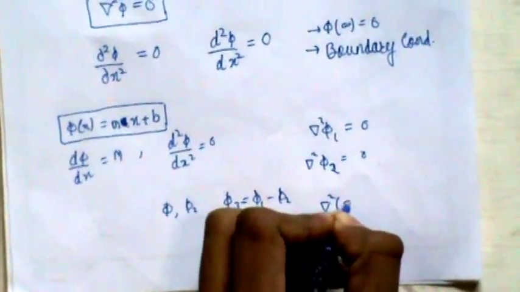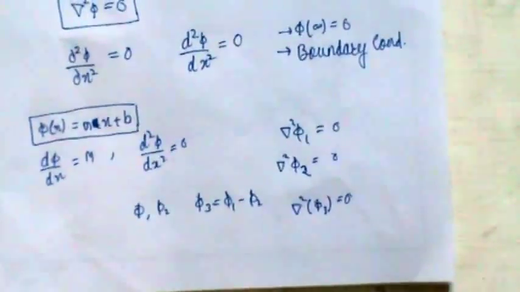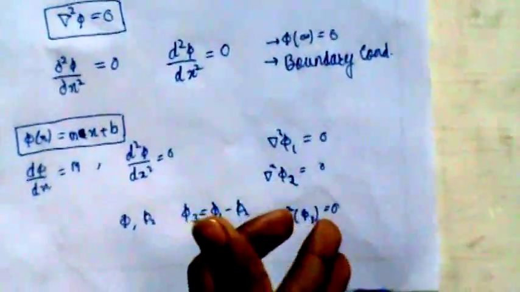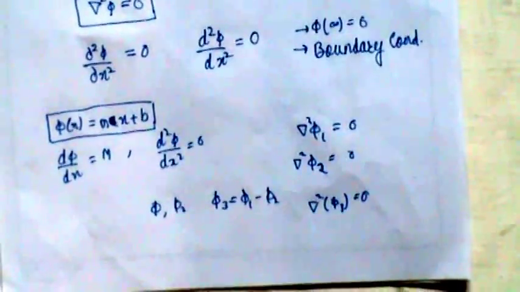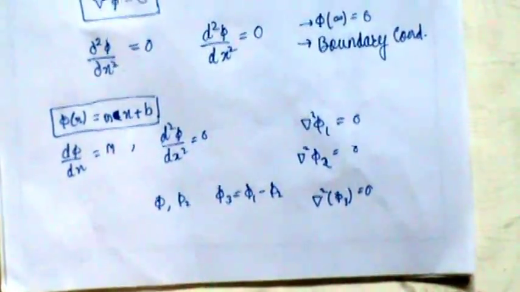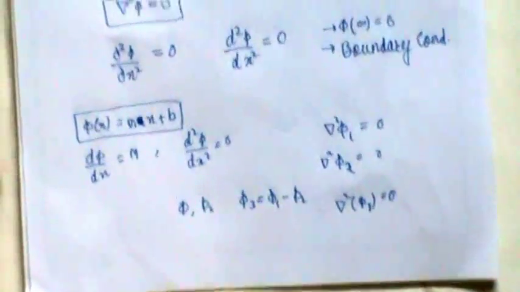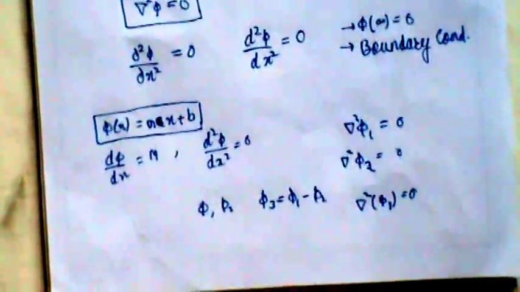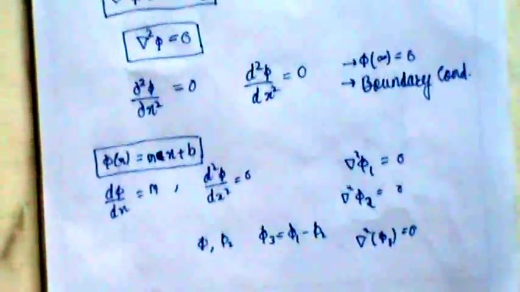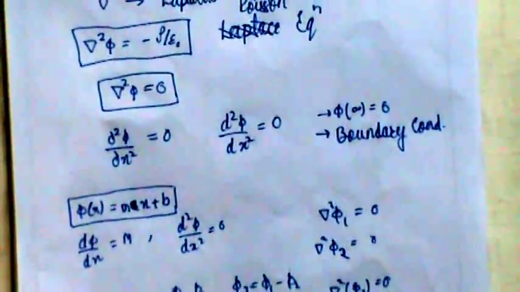It's easy enough to see that del square phi 3 will also be equal to 0. You just subtract the 2 equations, right? The trick to prove this would be that phi 1 and phi 2 are the same, which would imply the difference is for obvious reasons 0. You can refer to Griffiths on that. It's not really important for the course. So let's move ahead.